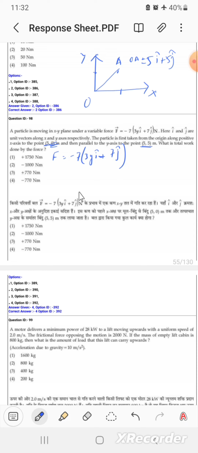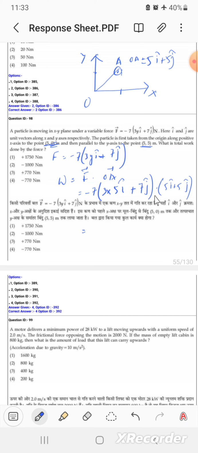So we have to find out the total work done again. Work done is F dot ds. We know ds means displacement. Here I am writing F vector dot OA vector. So vectorially, minus 7 minus 3y, here at this point y is 5 meter, so I am directly writing y as 5, 3 into 5, i cap plus 7 j cap, dot product with 5 i cap plus 5 j cap.